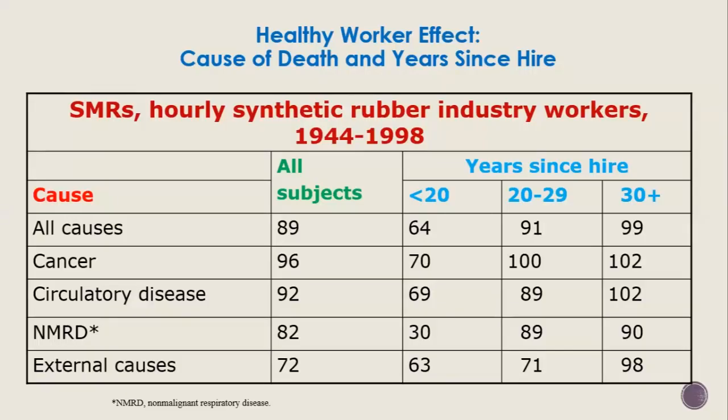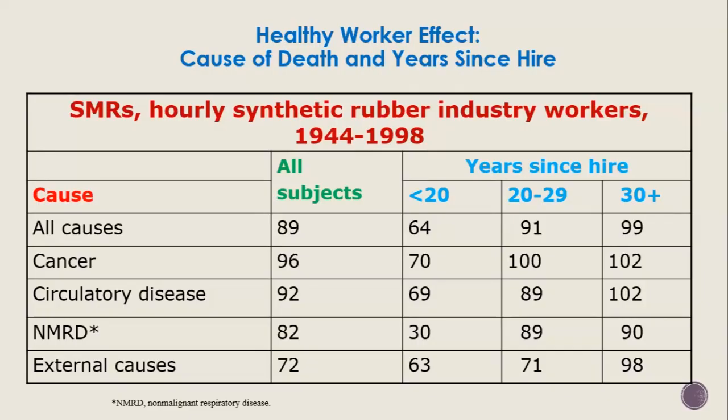So if you look at all causes for all subjects, the SMR is 89. Now, how do we interpret this 89? The way to interpret the 89 is to say that the mortality rate in workers is 11% less than in the general population.